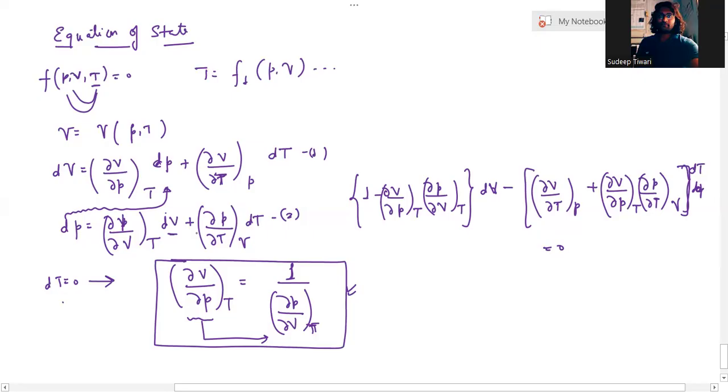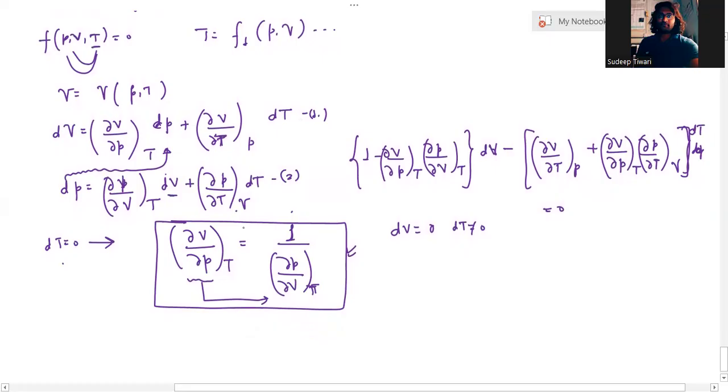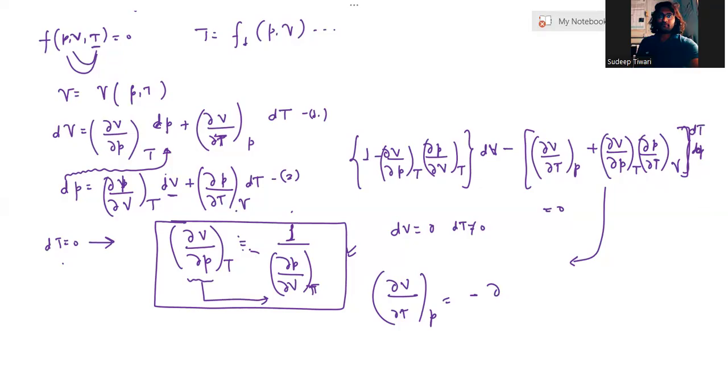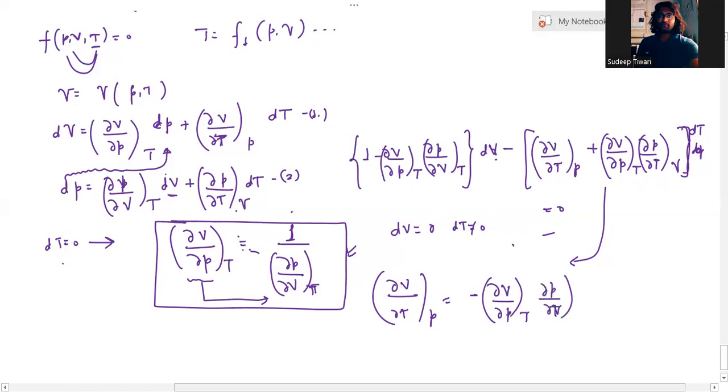And secondly, what if I take dV equal to 0 and dT non-zero? Then certainly this part is 0, which implies that del V upon del T at a constant pressure is equal to minus del V upon del P at a constant temperature times del P upon del T at a constant volume.